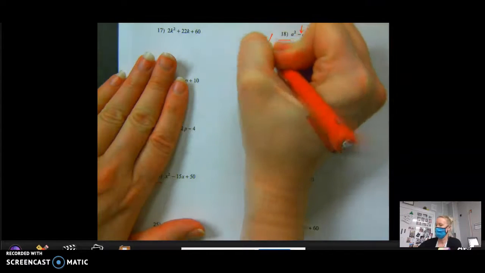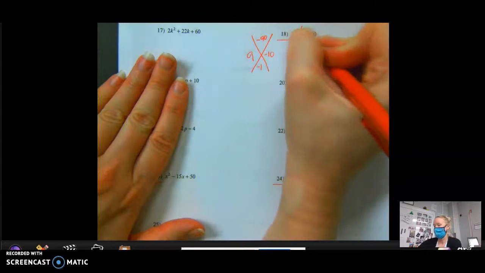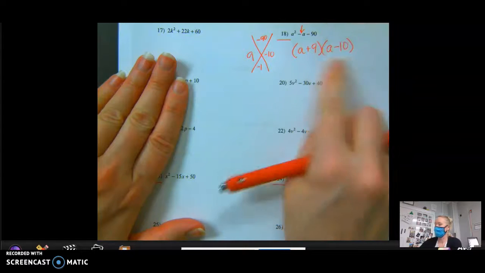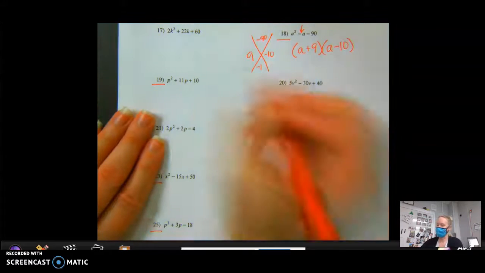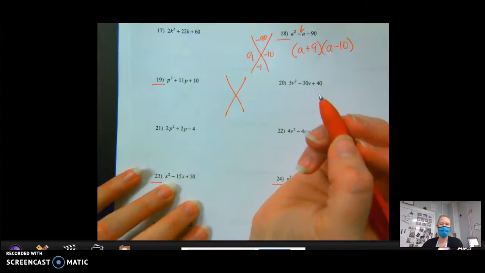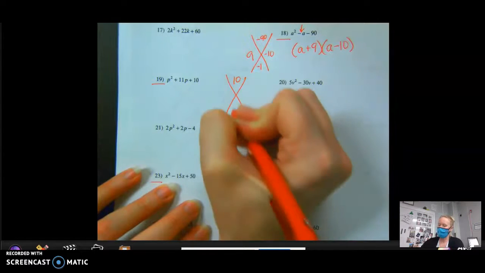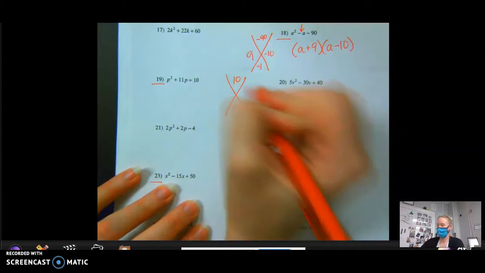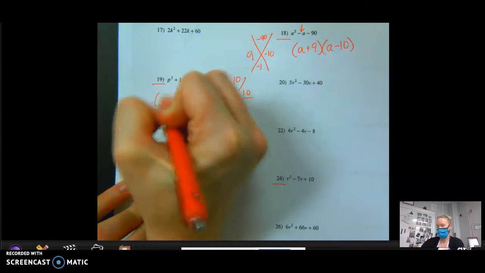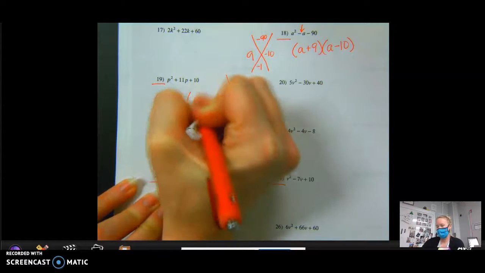And so this would be a plus 9, a minus 10. And again, the order of this could be flipped. Okay, number 19, when I multiply, I want 10, but when I add, I want 11. Two numbers would be what and what? Good. So this is p plus 1, p plus 10.